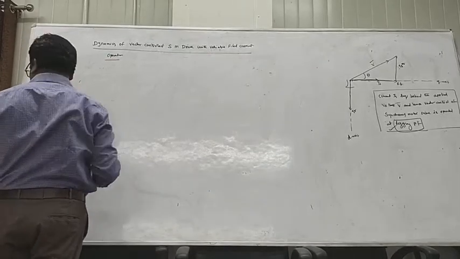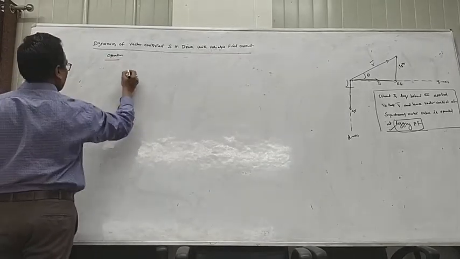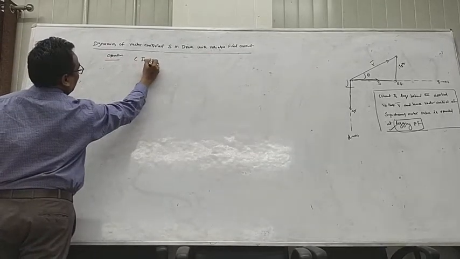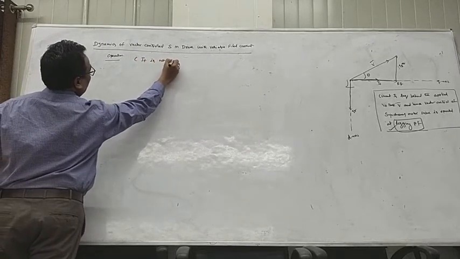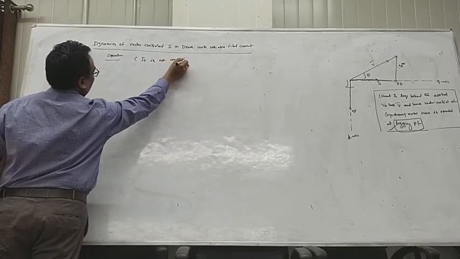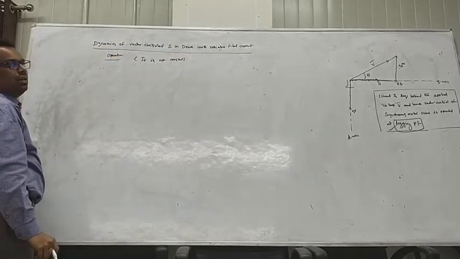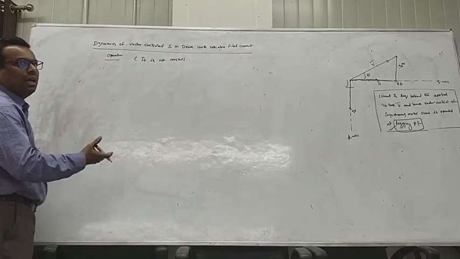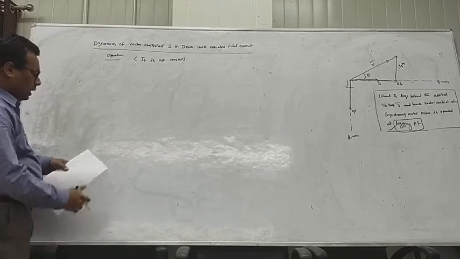So it means that in brackets, IF is not constant. Field current is not constant. So your field current is now variable.